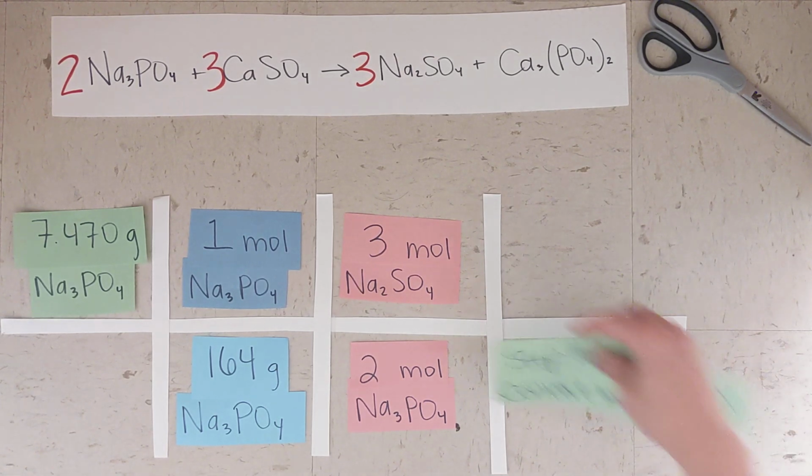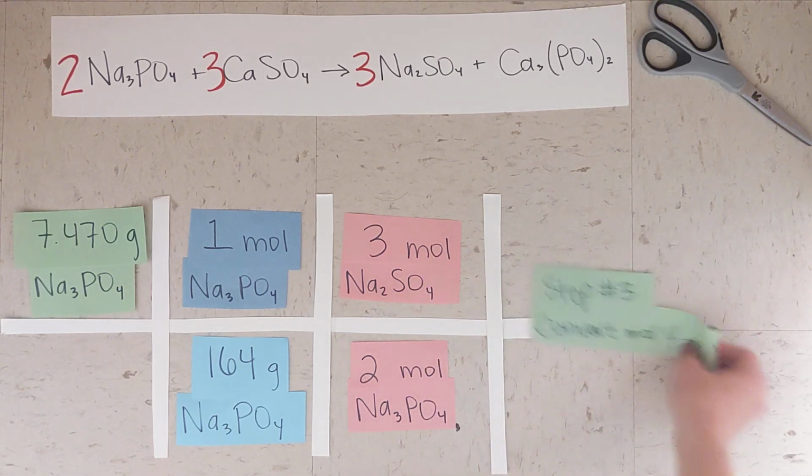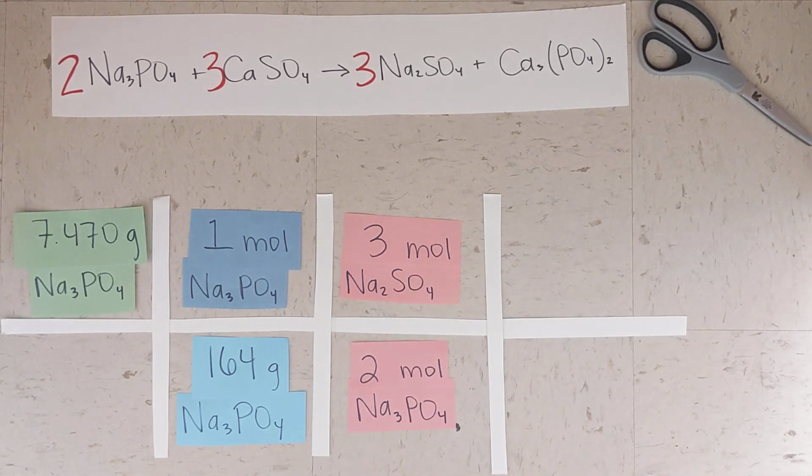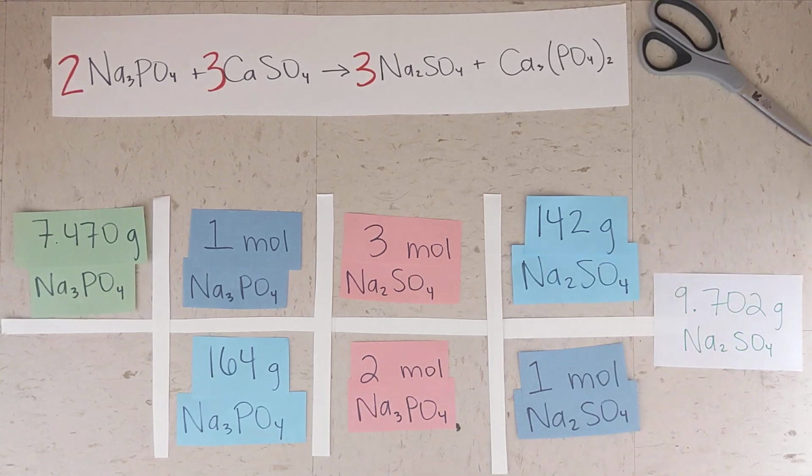And finally, step 3, let's convert moles back to grams. So to convert moles to grams, we're going to multiply by the molar mass. The molar mass of Na2SO4 is 142 per 1 mole. When you do your math here, you should find the answer to be 9.702 grams of Na2SO4.